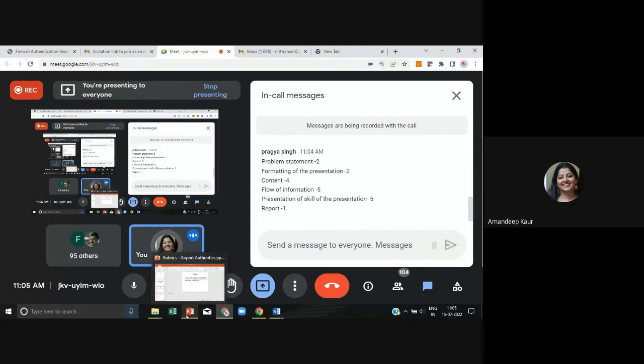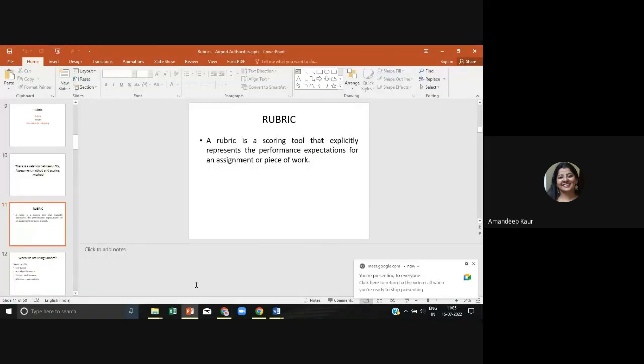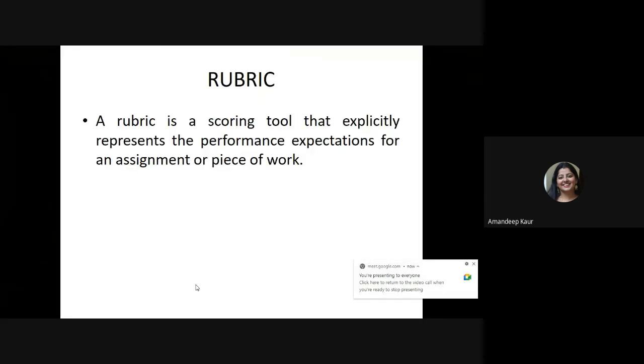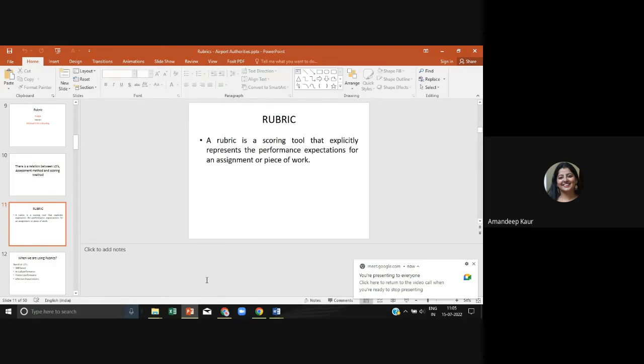So that is the basic criteria of a rubric. Whatever activity you designed for your student, that activity first needs to be divided into a number of subcomponents based on the learning outcomes defined by the teacher, and based on that only you are going to give weightage to those different dimensions. I hope it is clear to all of you.